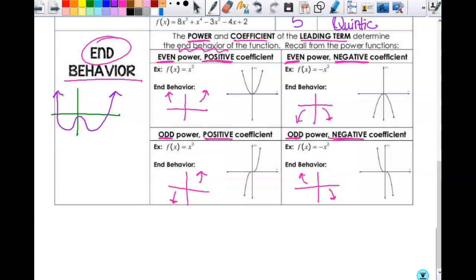All right, and then if I gave you this, is the degree even or odd? Odd. And is the leading coefficient positive or negative? Negative, okay? Does that make sense? We need to be able to do it both ways. All right, so flip this over.